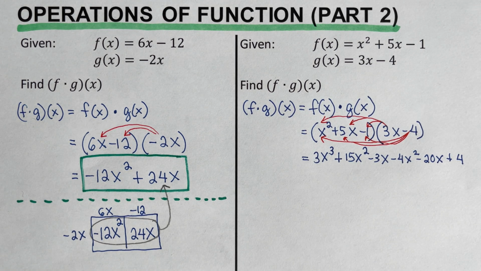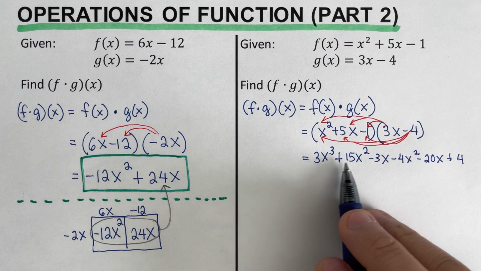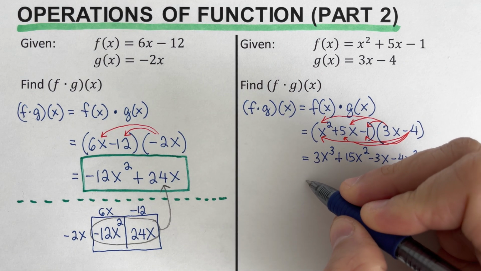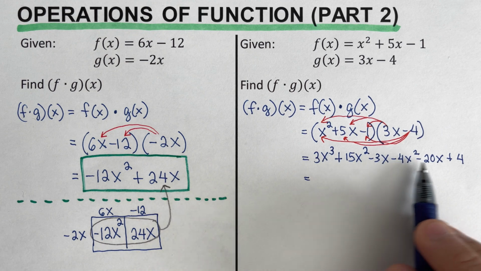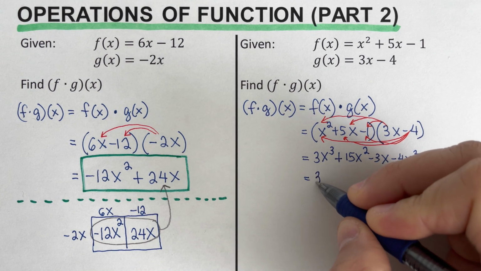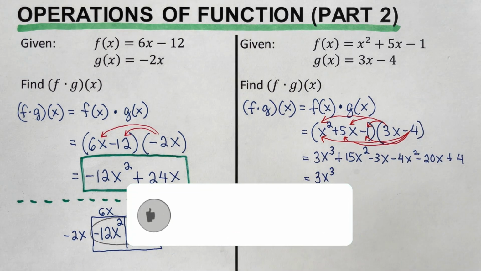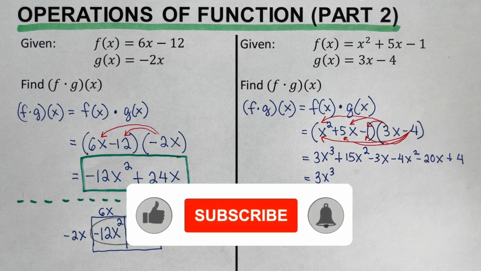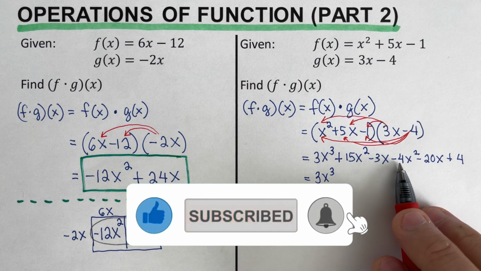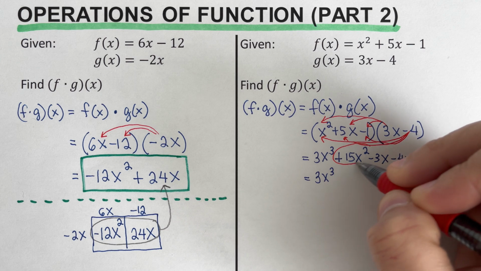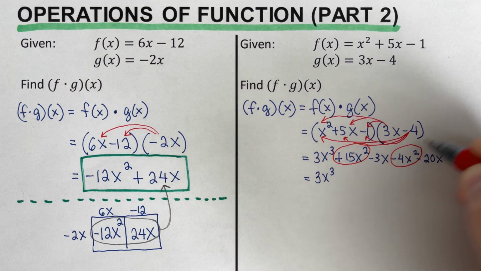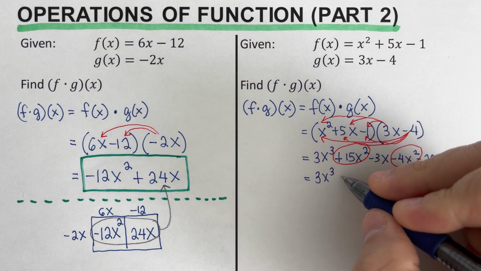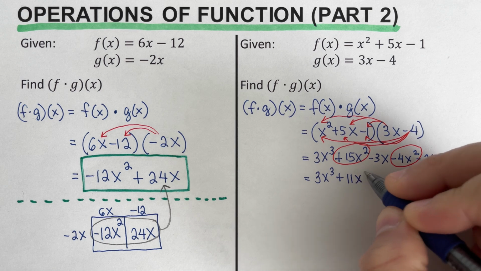Now we're going to combine like terms. First we have the 3x cubed. It doesn't have any other x cubed term, so we can keep that: 3x cubed right there. Then we look at the 15x squared minus 4x squared. We can combine these two, so that comes out to plus 11x squared.